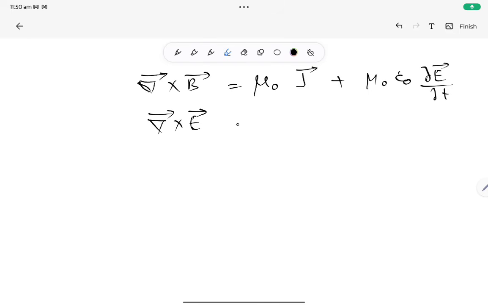In Faraday's law, we found that curl of electric field is equal to minus del B by del t. This Faraday's law tells us that the electric field has a source, that is a changing magnetic field. It means that wherever you find a magnetic field changing with time, you will find an electric field around it.